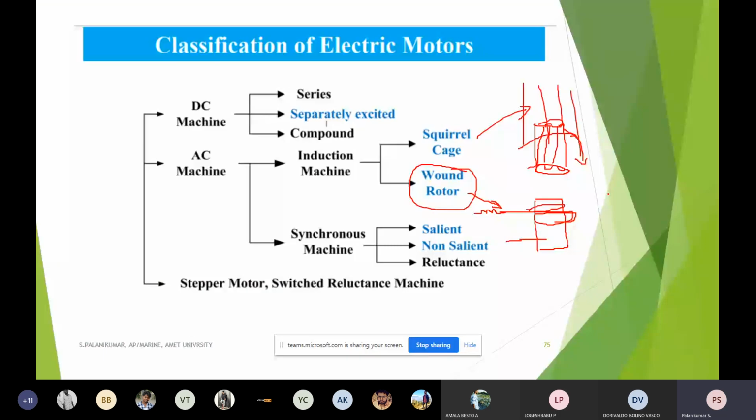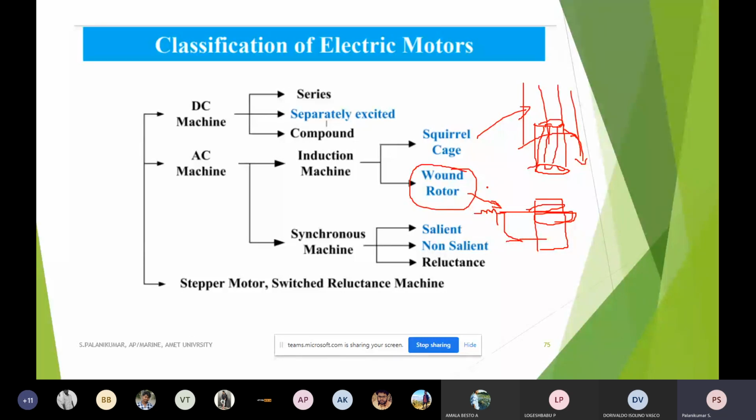Because a very heavy load is there, we need very high torque to overcome it, which is not required for running. Only at the beginning we add external resistance. After the vehicle starts to move, we can cut the resistance, make it a short circuit, and run this motor as a normal motor. That is the very important purpose for going for a wound rotor motor.